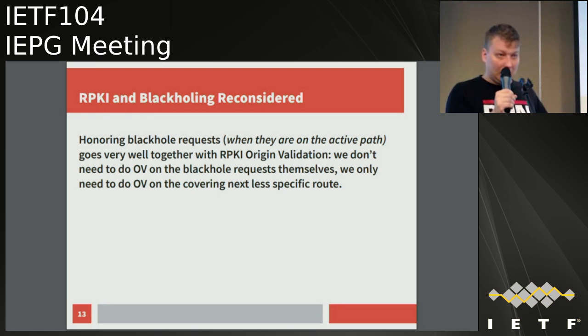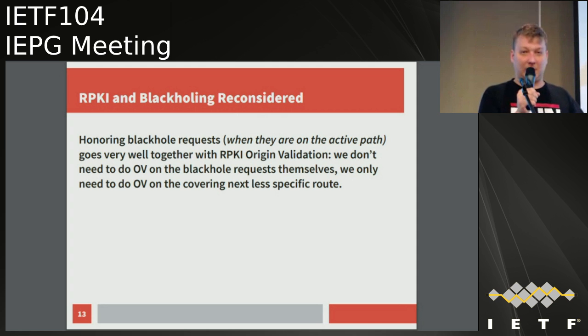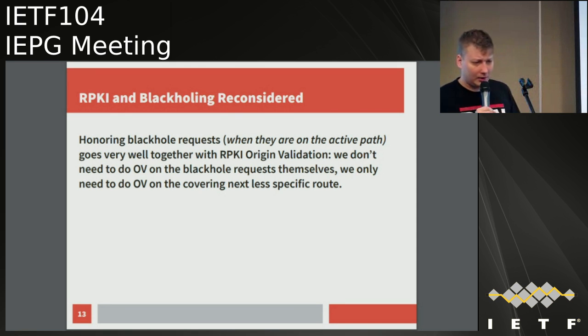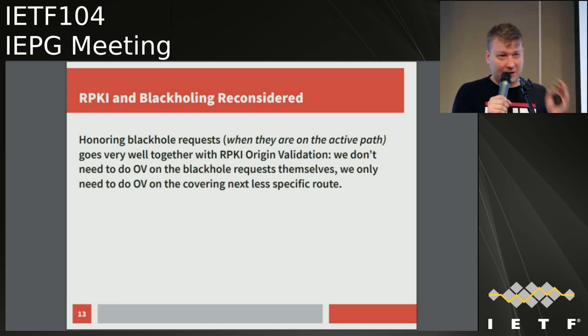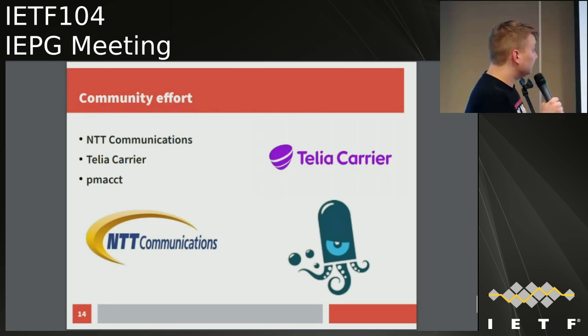But by using this validation step, and depending on a less specific route, we can use RPKI origin validation on the normal routes, and those will pave the way for the black hole records to be validated or not. In other words, RPKI origin validation and validated black holing work very well together.